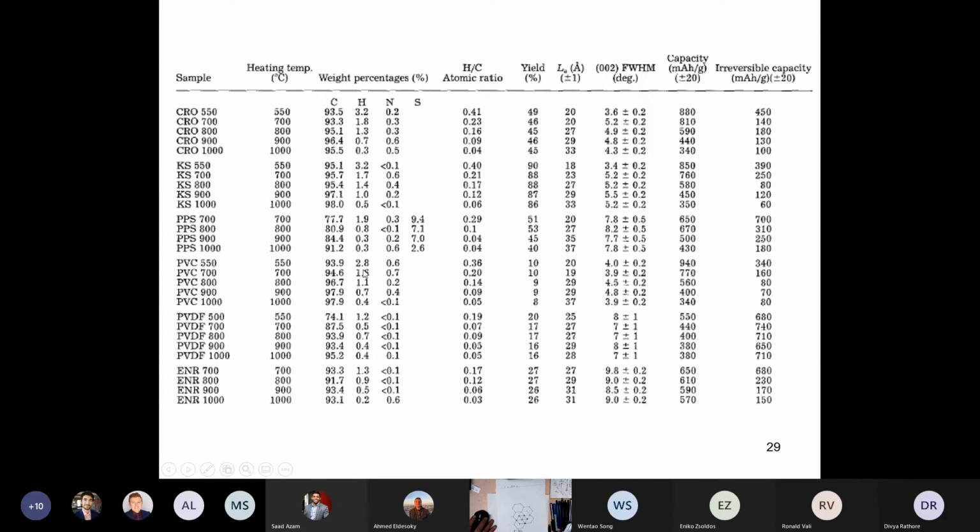They all drop in every one of these situations as the heat treatment temperature goes up. And this polyphenylene sulfide, of course, starts with sulfur, so it has sulfur too. And if you plot the hydrogen to carbon atomic ratio, you can see that it goes down in all of these materials, all right?